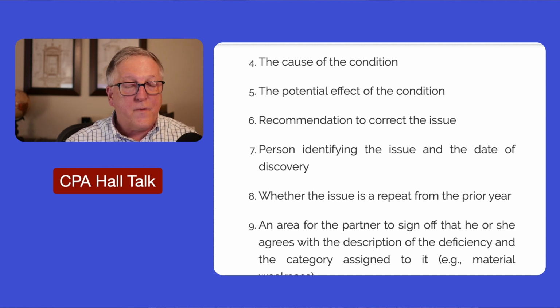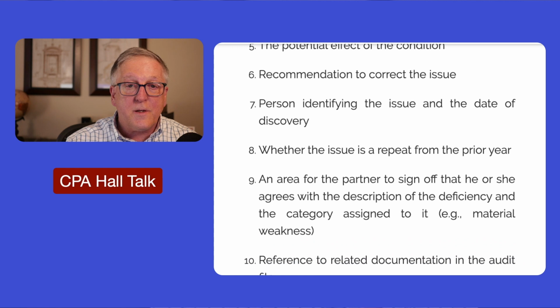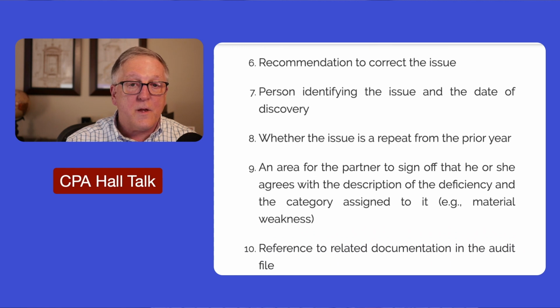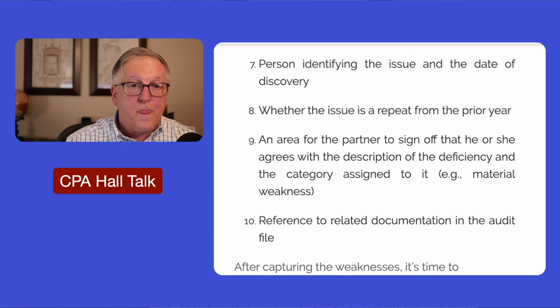So if the company doesn't fix this control weakness, what might happen? What's the potential effect? Six, what's the recommendation to correct the internal control weakness? Seven, who's the person that identified the issue and the date of the discovery?